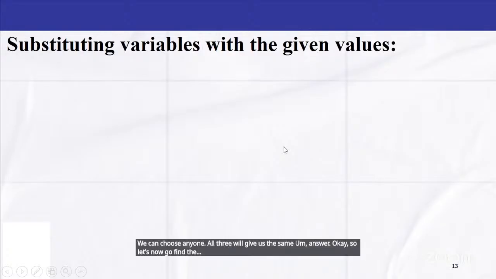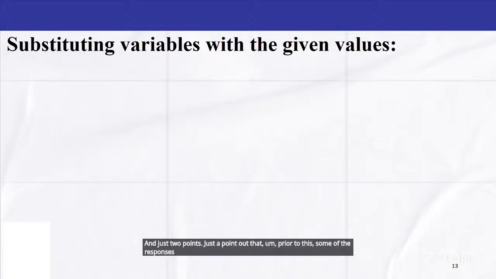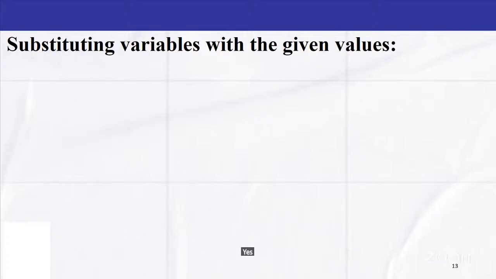Just to point out that prior to this, some of the responses regarding perimeter said P for perimeter is equal to 2 open bracket length multiplied by width.